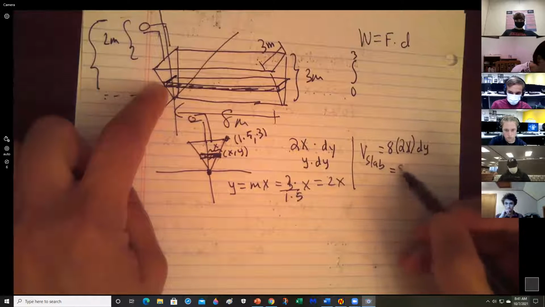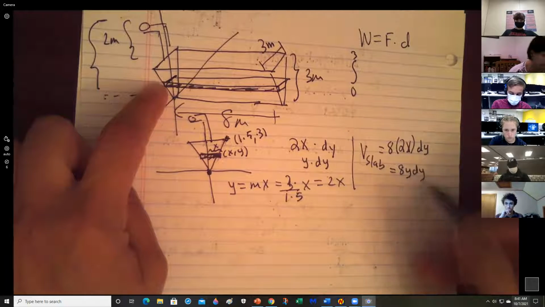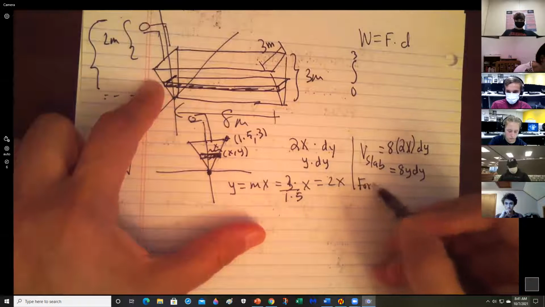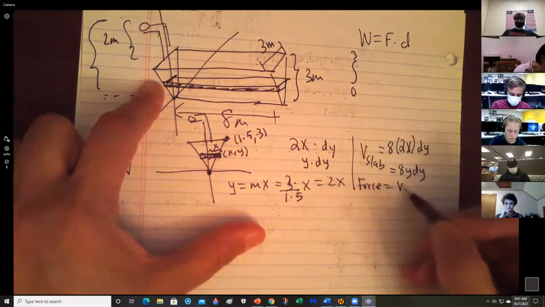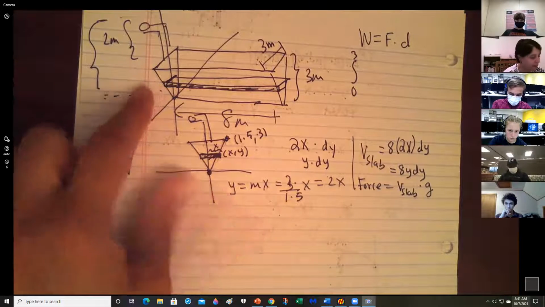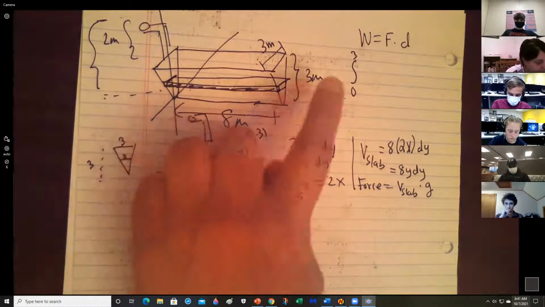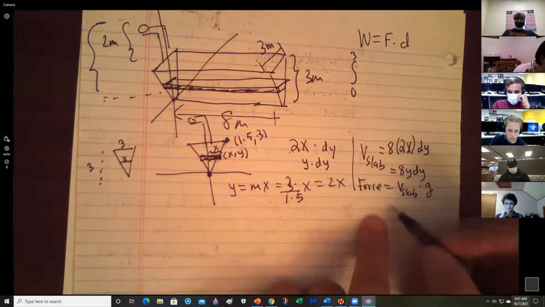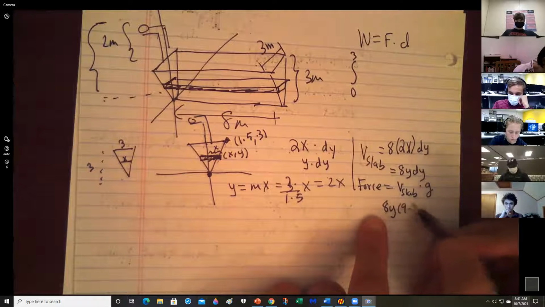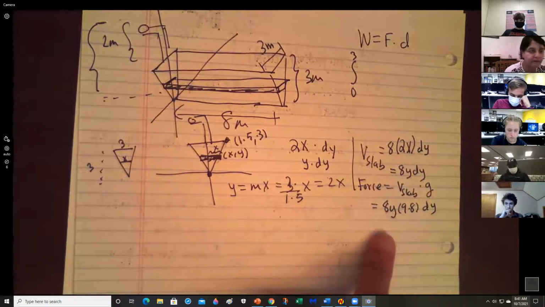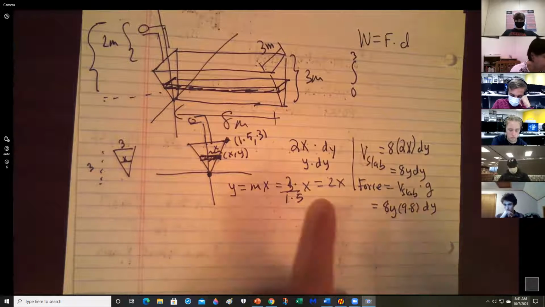So the volume is 8y dy. And the force exerted on it would be volume of the slab times gravity. We're in the metric system, so this is meters, so that will be 9.8. So this would be 8y 9.8 dy. That is the force exerted on the slab.